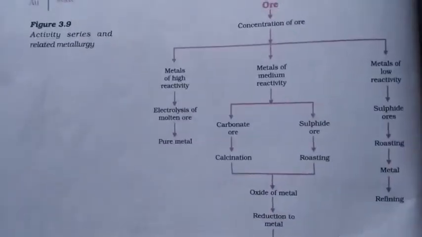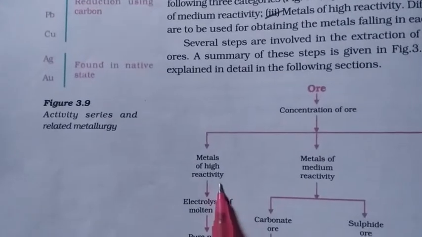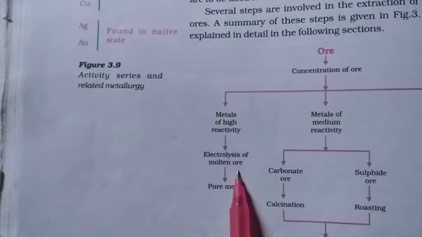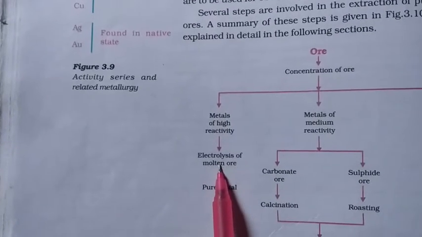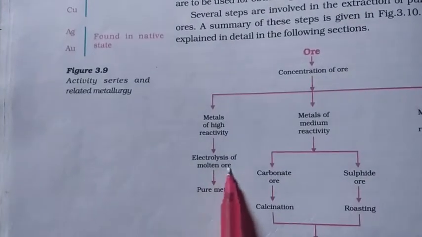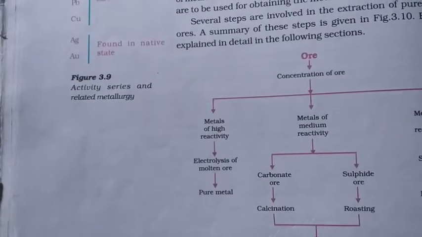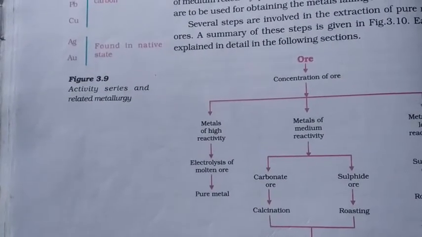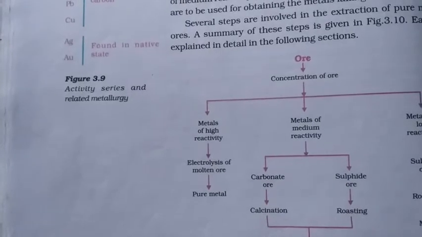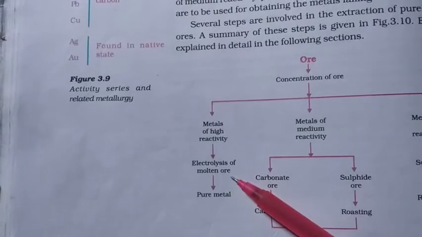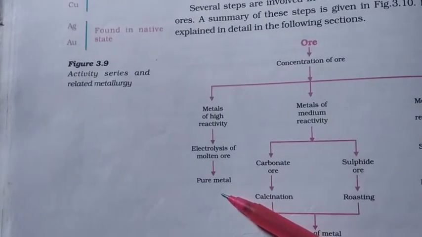This is about the middle. Now if they are in high reactivity, suppose sodium, potassium, then we will go through a process known as electrolysis. There is electrolysis of molten ore. Suppose it is sodium chloride, where sodium is present, right? And sodium is a highly reactive metal. So we will do the electrolysis of molten sodium chloride to get the pure metal.